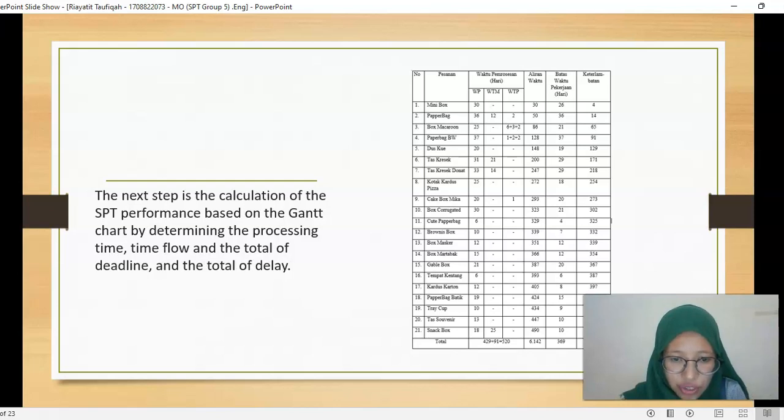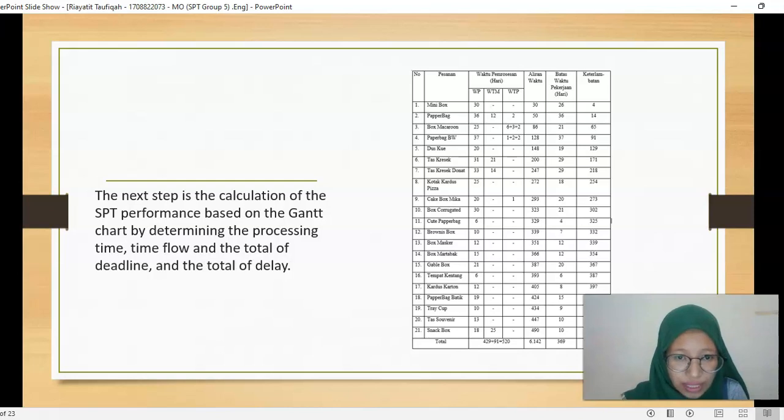And at the last, there is a snack box with processing time 18 days, flow time 490, and the deadline 10 days, and the delay is 480.